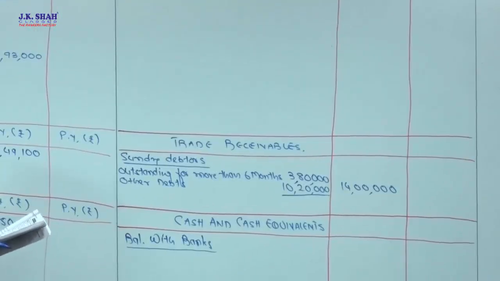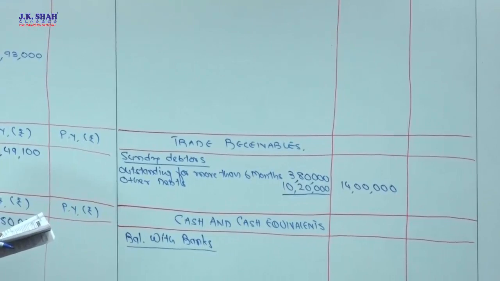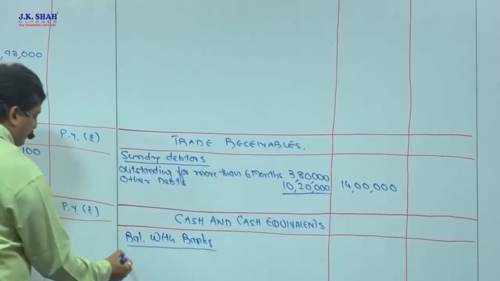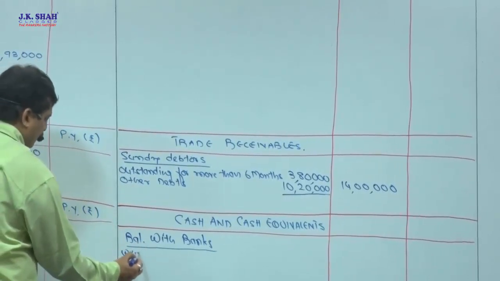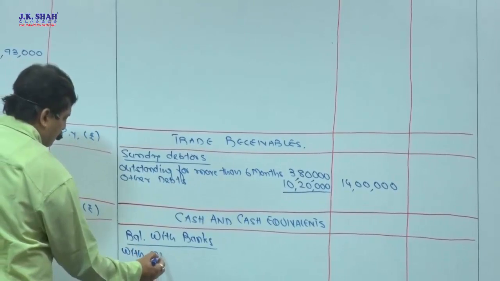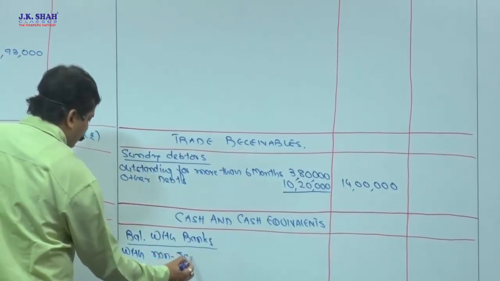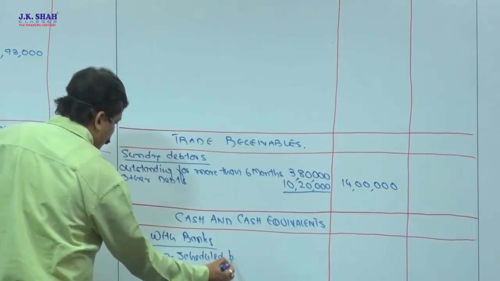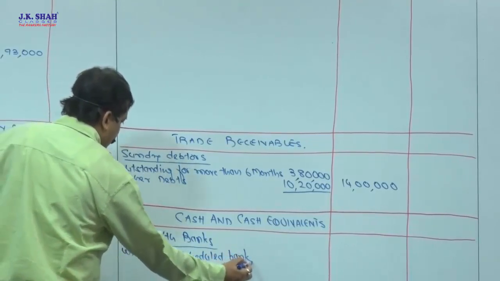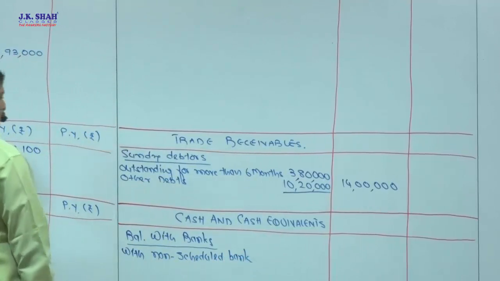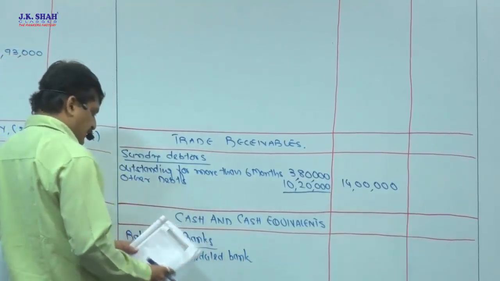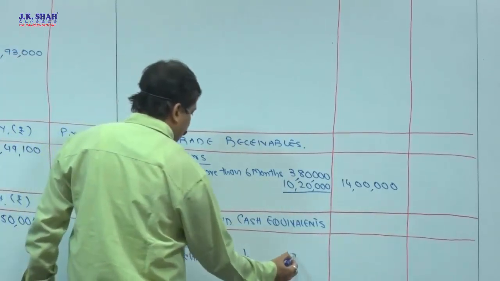Amount of balance with bank includes 18,000 with a bank which is not a scheduled bank. So write down with non-scheduled bank. How much amount? 18,000.